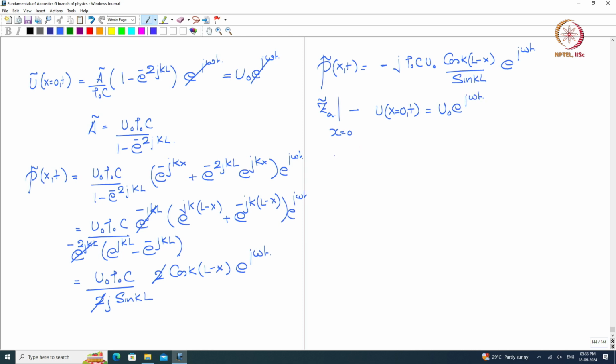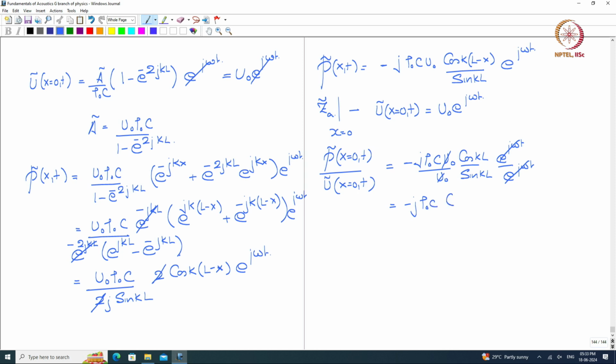So if I take pressure at x equal to 0 and particle velocity at x equal to 0, I get minus j rho 0 c u0 cos kl by sin kl, e to the power of j omega t, by u0 e to the power of j omega t. This goes, and I get minus j rho 0 c cot kl.